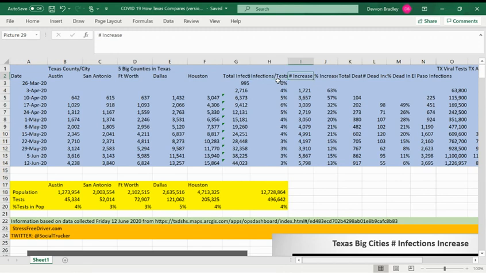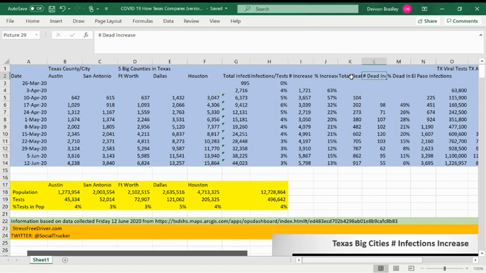So as we keep going over, what was the number increase in infections? This column right here. And I'll show you the chart of how I printed those out. The percentage of increase of those infections here, and then the total deaths across all the counties that increased week by week.